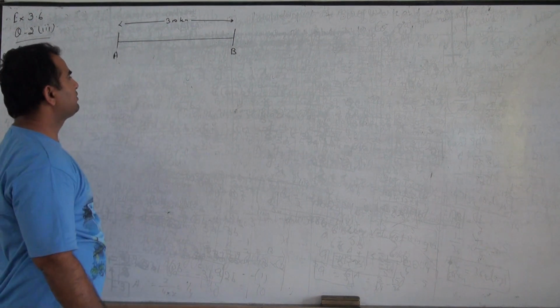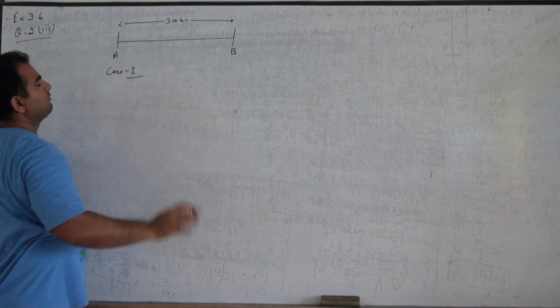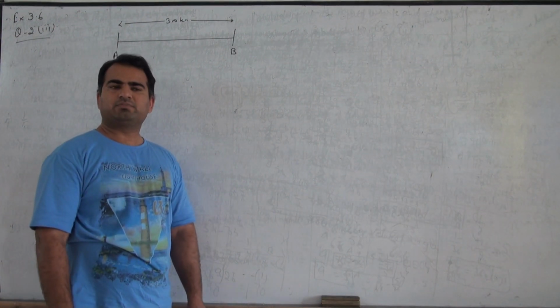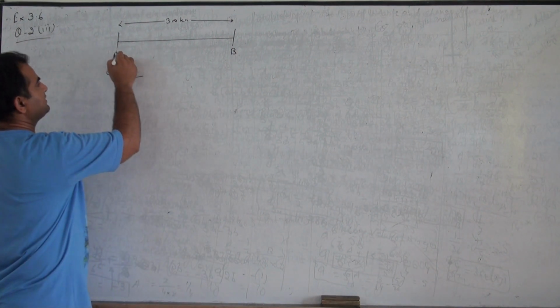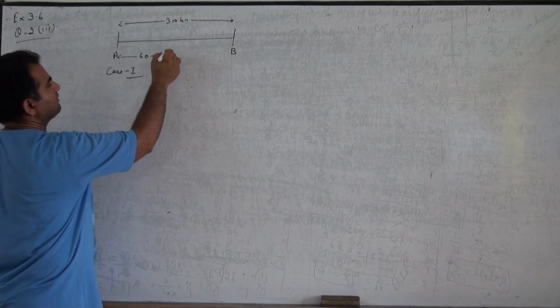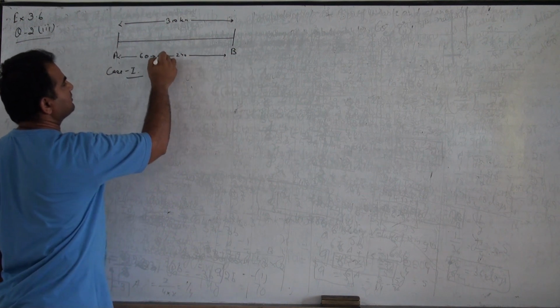Case number first: when she travels 60 kilometers by train and the remaining by bus, then it takes 4 hours. 60 kilometers by train and the remaining 240 kilometers by bus.